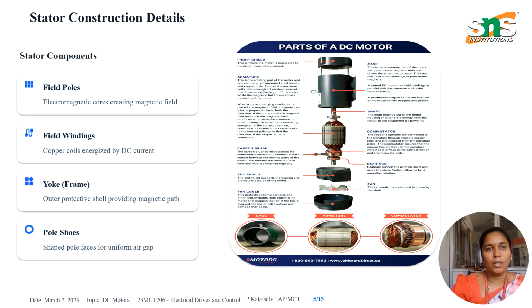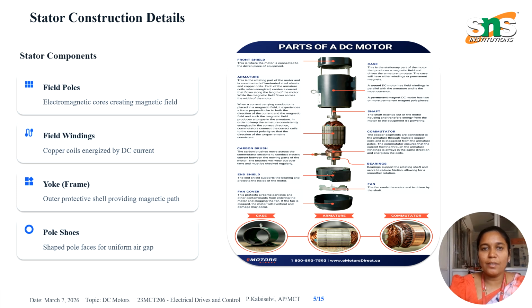Next, let us look at each component of the stator: field poles, field windings, yoke or frame, and pole shoes. Field poles are electromagnetic poles that produce the magnetic field. The field windings are copper coils wound around the poles.